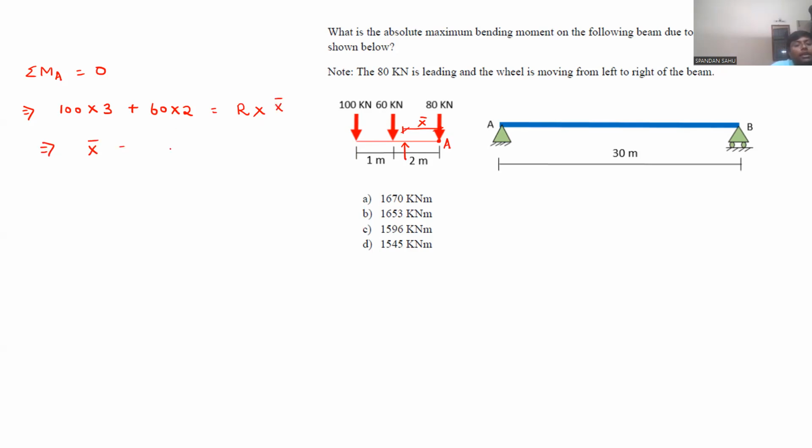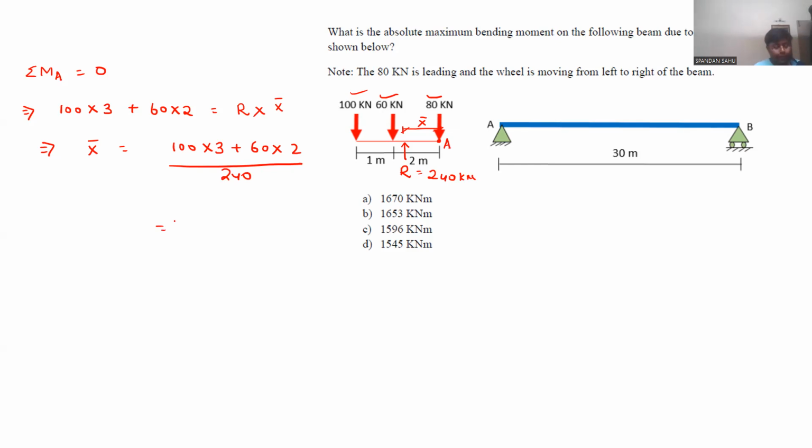So X bar will be equal to 100 into 3 plus 60 into 2 by total resultant, which will be 100 plus 60 plus 80, so it will be 240 kilonewton.